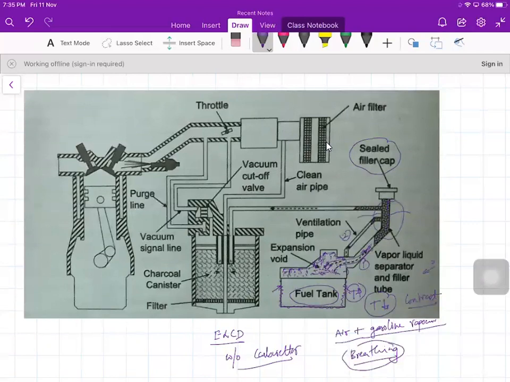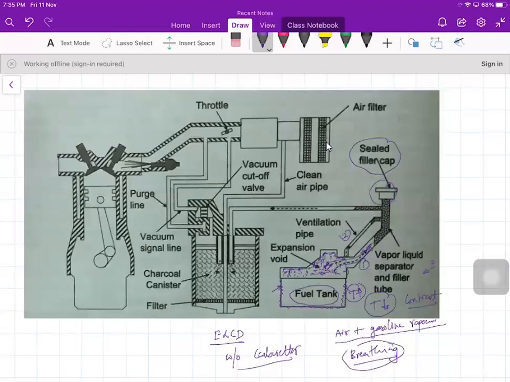Now what happens? If it goes unsettled at this area, so once the vapor of gasoline goes here, if it is not sealed, let us take an example: your vehicle's fuel has run out and you are going to the fuel station to refill the tank. Now you just open the cap. What happened?